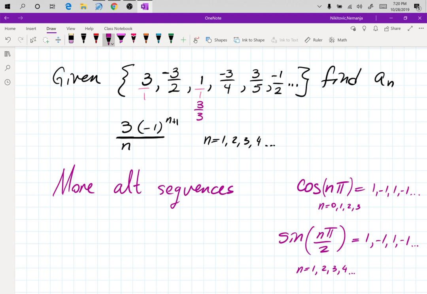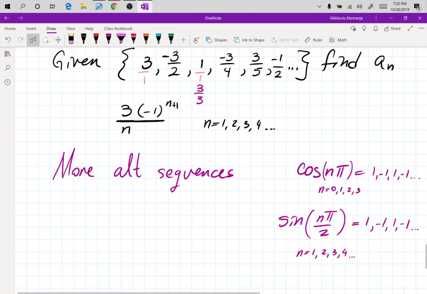When I plug in 1, I get pi over 2. When you plug in 2, you get sine pi. Yes, we are only allowed to have odd numbers here.